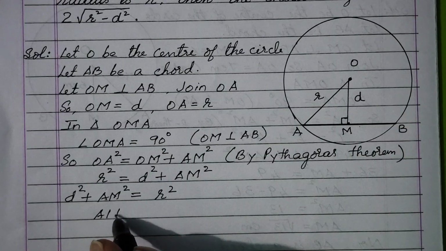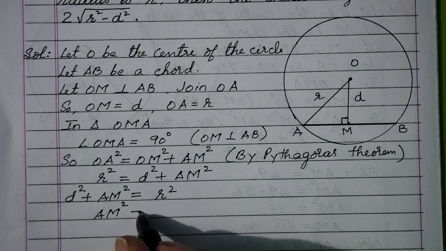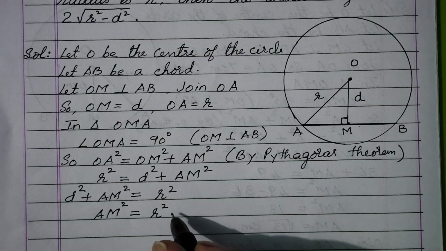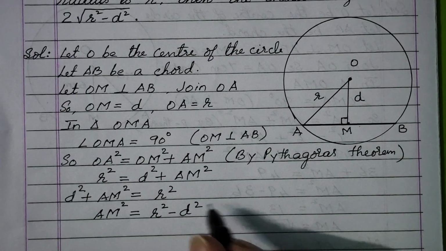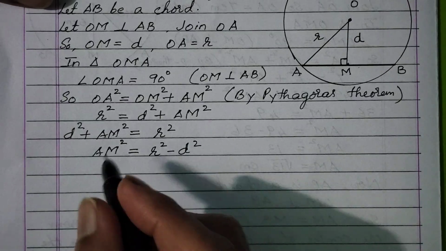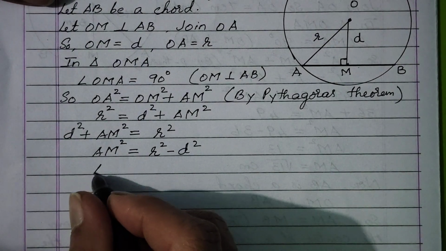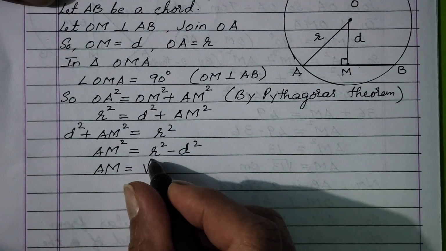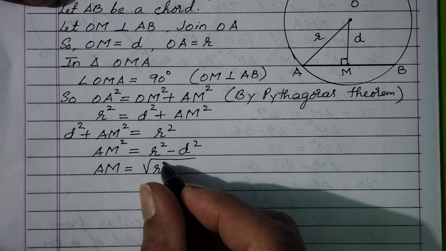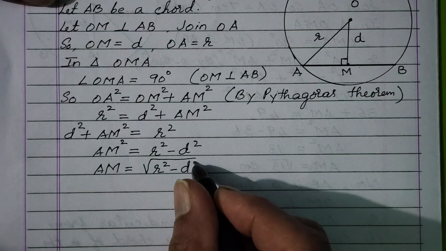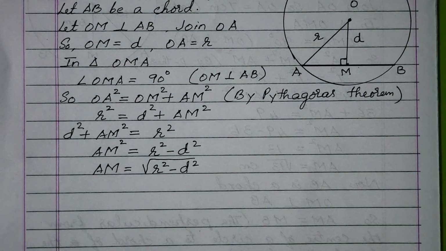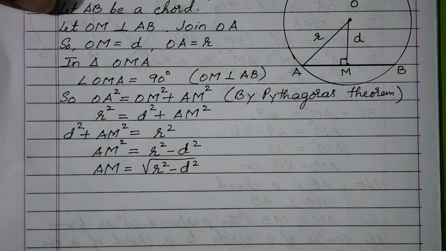AM square will be equal to r square minus d square. AM will be equal to square root of r square minus d square. We have found length of AM in terms of r and d.